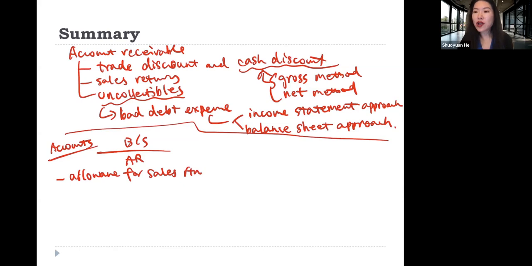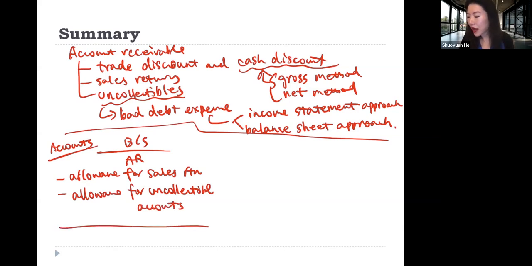This is a contra account to account receivable. We also talked about allowance for uncollectible account. This is also a contra account to account receivable. And the account receivable minus allowance for sales return minus allowance for uncollectible account will give you your net account receivable. So this is on the balance sheet.